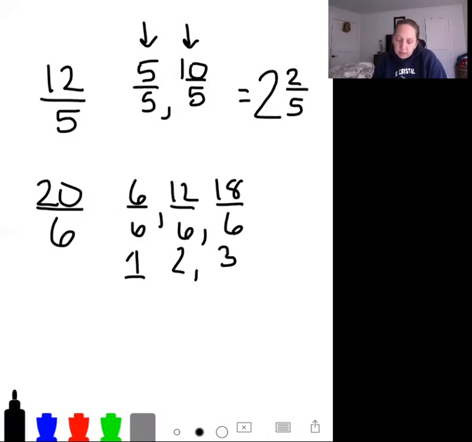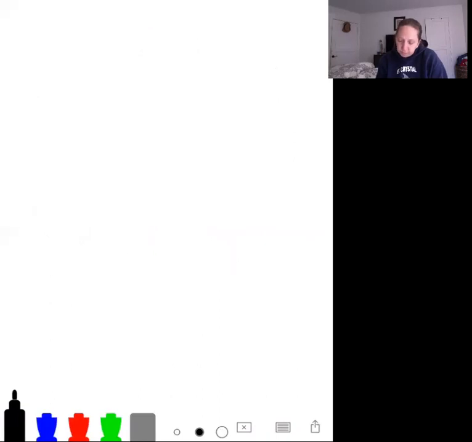How many more do I need to get? So if I'm at 18, how many more do I need to get to 20? 2. So this one, you're going to have a whole of 3 because we're able to get to 3. And I know that 20 minus 18 is 2. The denominator stays the same. So 3 and 2/6.